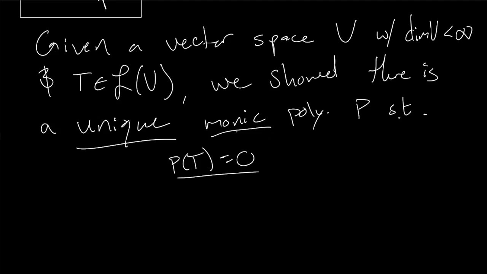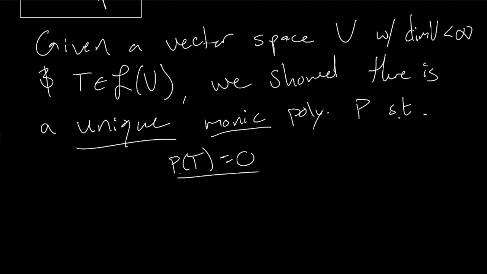Then we could take the leading coefficient, that is the term next to the biggest power of the variable in the polynomial, and divide the whole thing by that. Then we get a monic polynomial, that is a polynomial which has 1 as its leading coefficient. And it turns out that this polynomial is unique.